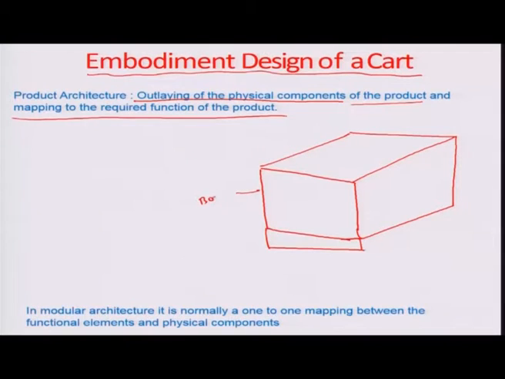So, this is the box part, okay, and let us say this is the bed which supports the cargo. Typically the cargo is placed somewhere in between here. Let us say this is actually the cargo, okay. And if I looked at how this cart is positioned and oriented and designed, there may be some leaf springs which may be connecting the cart to a set of wheels.